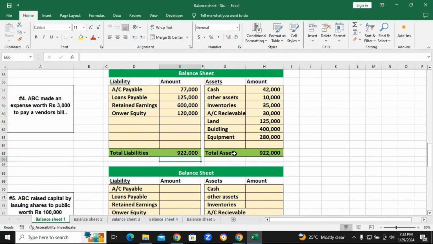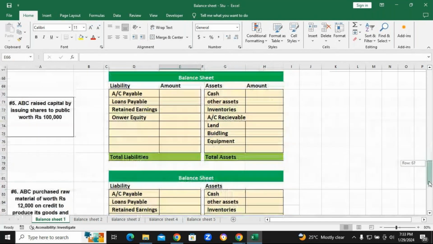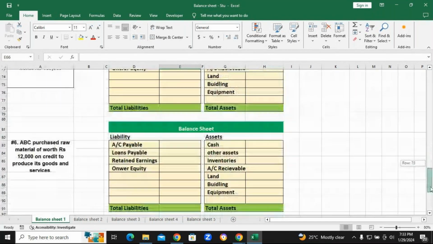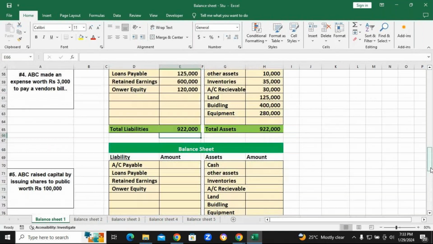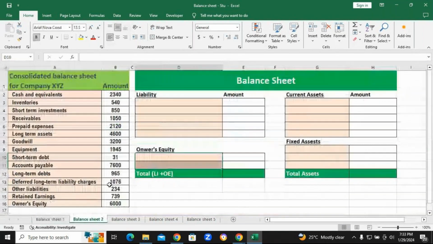I'll give you 5 minutes of time to solve this. The other two, the fifth one and the sixth one, I wanted you people to do as an assignment. I will solve balance sheet 2, so that you can try balance sheet 3 also, so that we can cover things as early as possible.